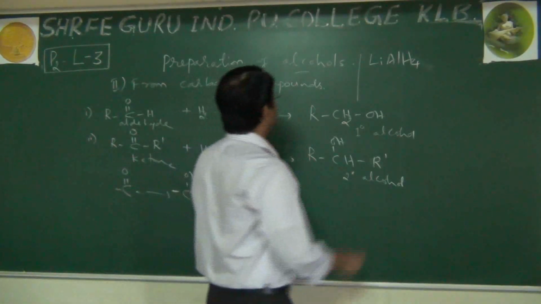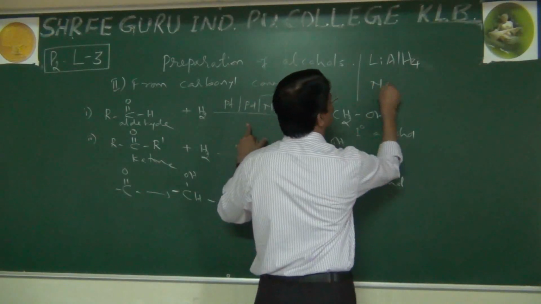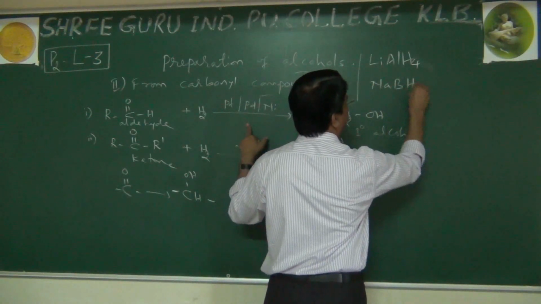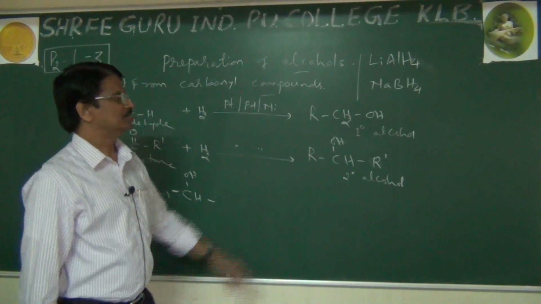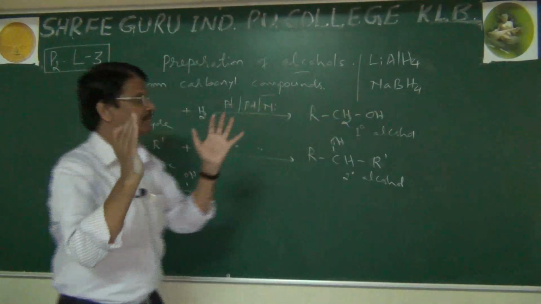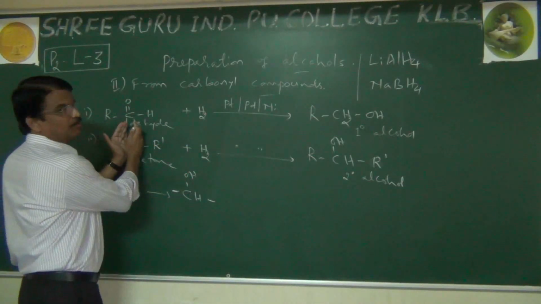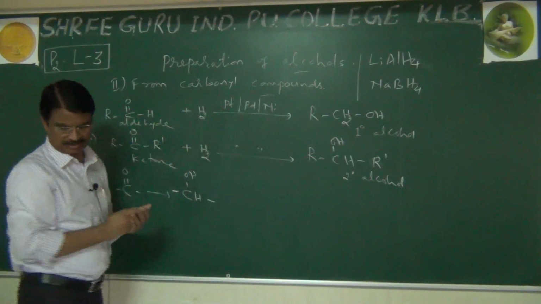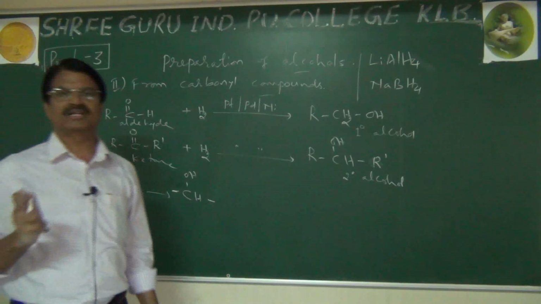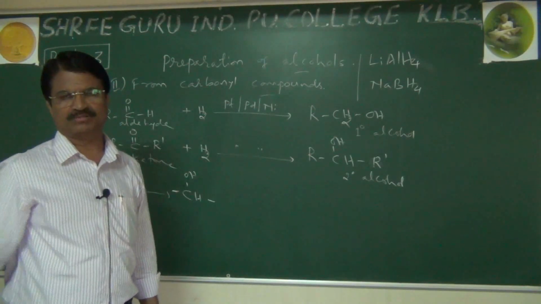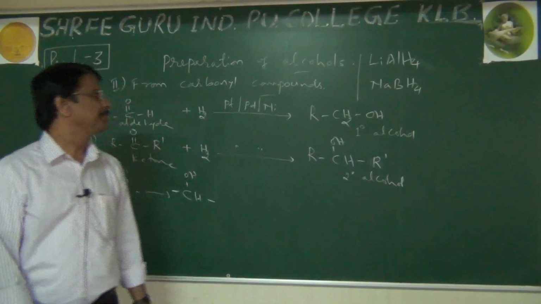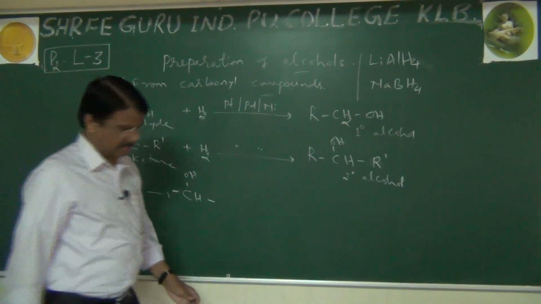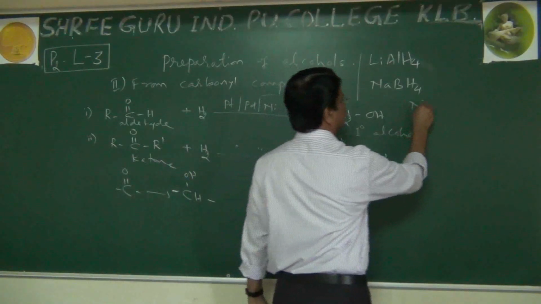Next, sodium borohydride. The function of sodium borohydride is to convert C=O into CH-OH. Remember always, sodium borohydride with any aldehyde or ketone converts C=O into CH-OH.